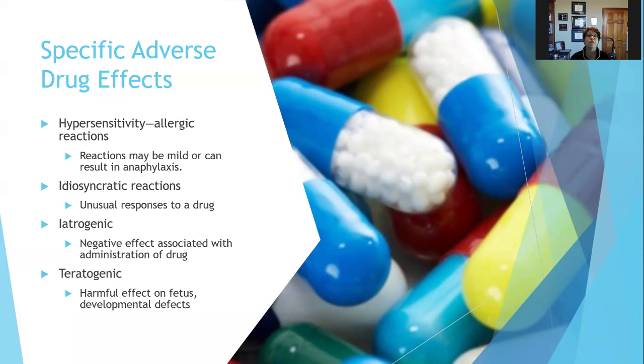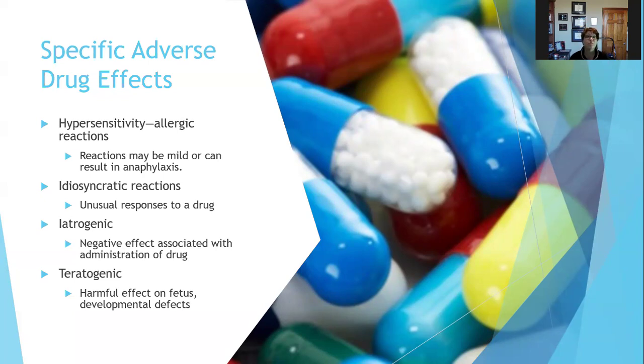Idiosyncratic reactions are when an individual person has an unusual response to a drug. So they have a response to the drug that maybe wasn't observed during the testing period. Idiosyncratic usually means unique, individual.